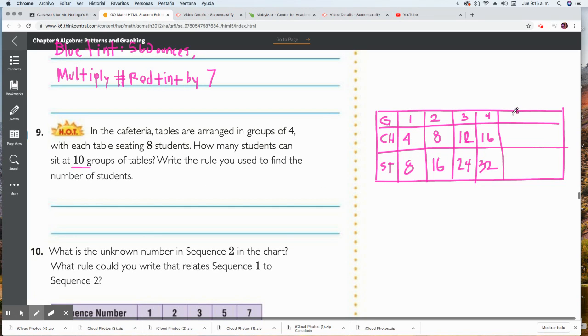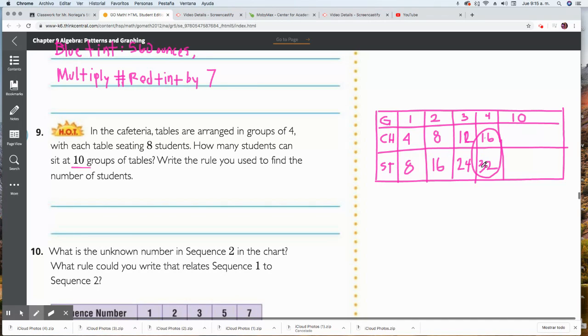So we can go ahead and go all the way up to 10, okay? And then we can use the relationship right here. What can I do to the number of chairs to give me the number of students? 16 times what number equals 32? 16 times 2, right? Equals 32. Yes or no?